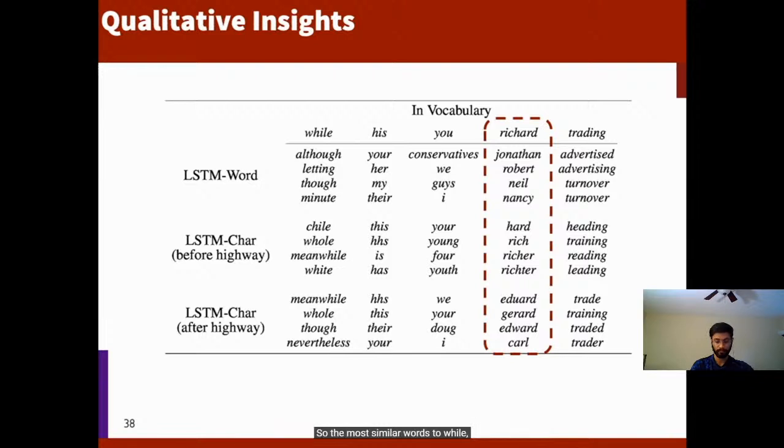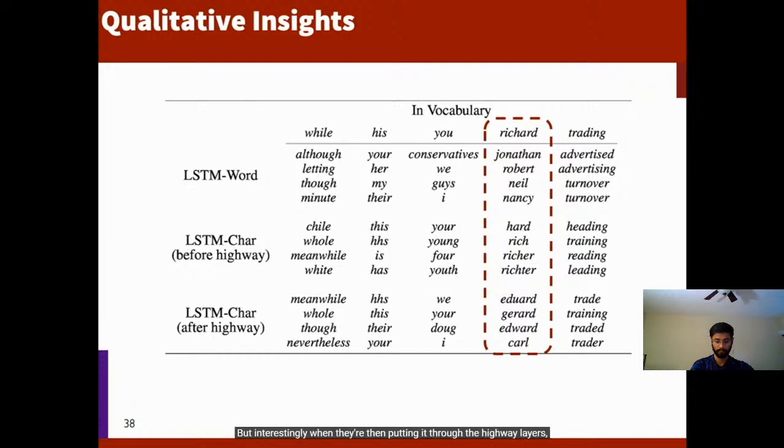So the most similar words to while are chili, whole, meanwhile, and white. At least for the first ones, they all end in LE. And you see that pattern elsewhere, right? Close to Richard: hard, rich, richer, Richter. Hard ends in ARD, rich, so you're just getting this character sequence similarity. It's not really doing meaning at all.